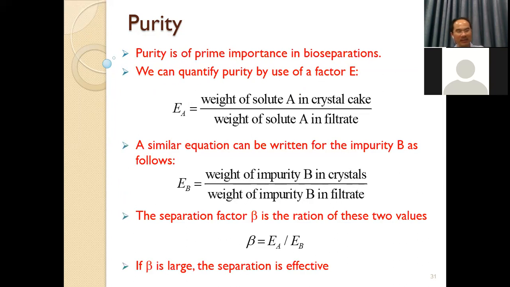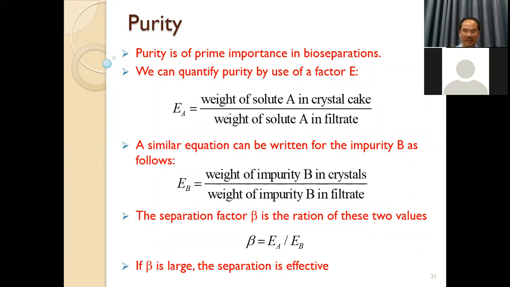And also you can calculate the purity of the product by this equation. For example, you can calculate by the weight of solute in the crystal cake divided by the weight of solute in the filtrate. Or you can calculate by the weight of impurity in the crystal and the impurity in the filtrate.